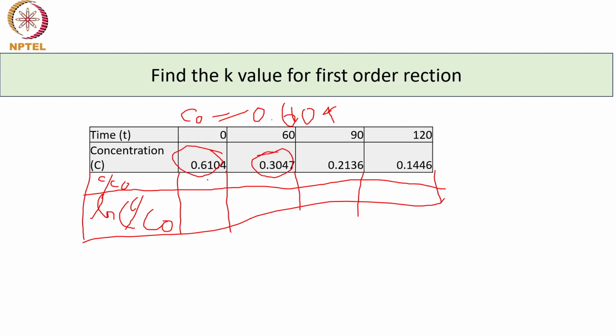Again for this it will be this one. Your C will be varying. Initially if you find C by C naught for time t equal to 0, C by C naught will be 1, because here C is also 0.6104 divided by C naught, which is also 0.6104. When it comes to this one, your C will be changing.